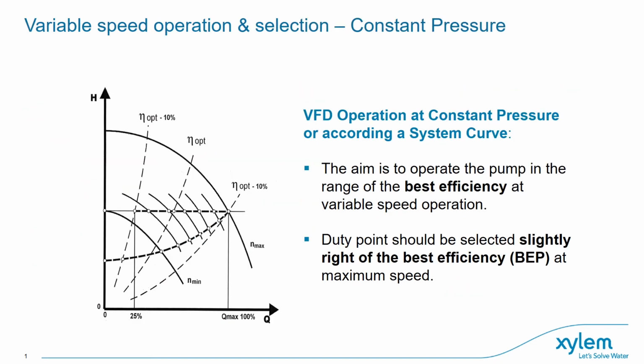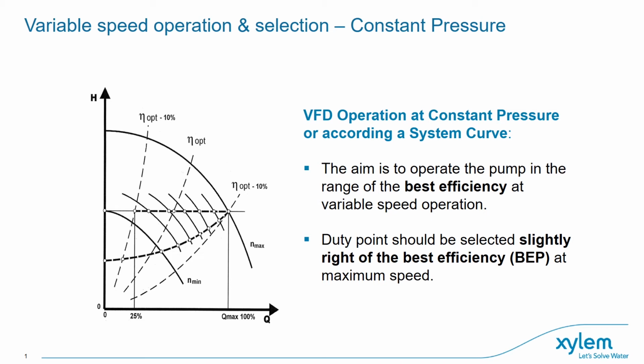The aim, obviously, of using a variable speed drive on a constant pressure system is to follow the system curve. So the aim is to keep the pump running as close to its best efficiency as we can. The duty point should be selected slightly to the right-hand side of the best efficiency point at maximum speed, which then gives us a much larger operating window for the pump to work within.